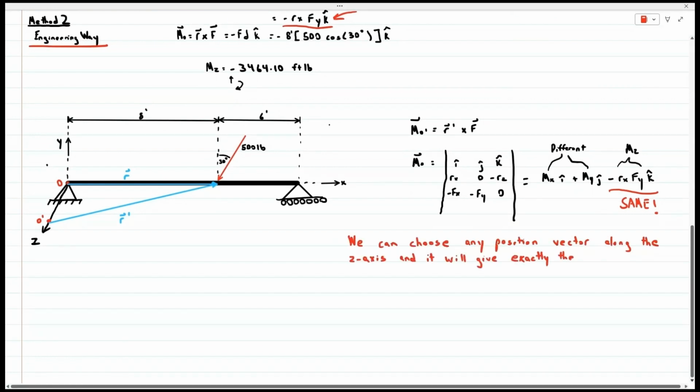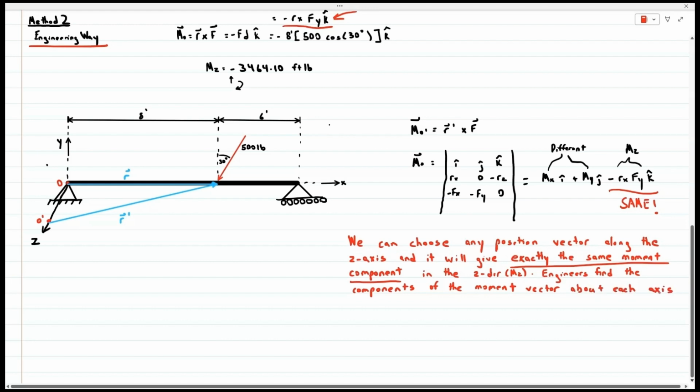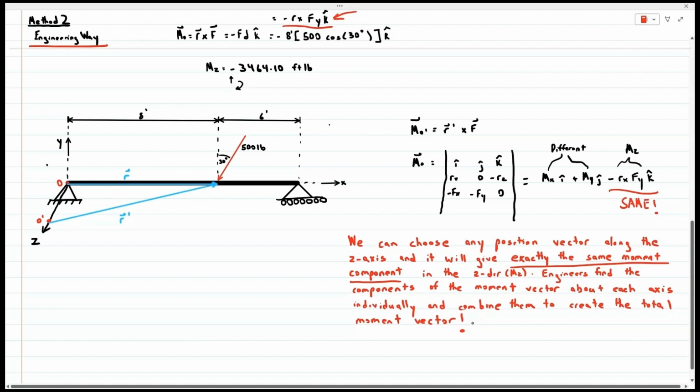What this means is that we can choose any position vector along the z-axis and it will give exactly the same moment component along that axis, or Mz. Engineers use this idea to find the components of a moment vector about each axis individually and then combine them to create the total moment vector.